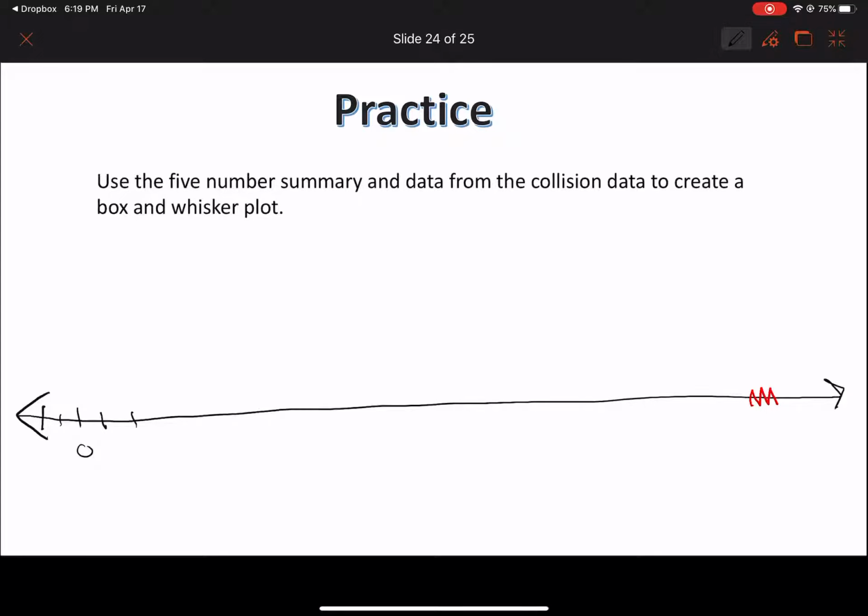So this is 1,000, 2,000, 3,000, 4,000. Let's just keep doing this.